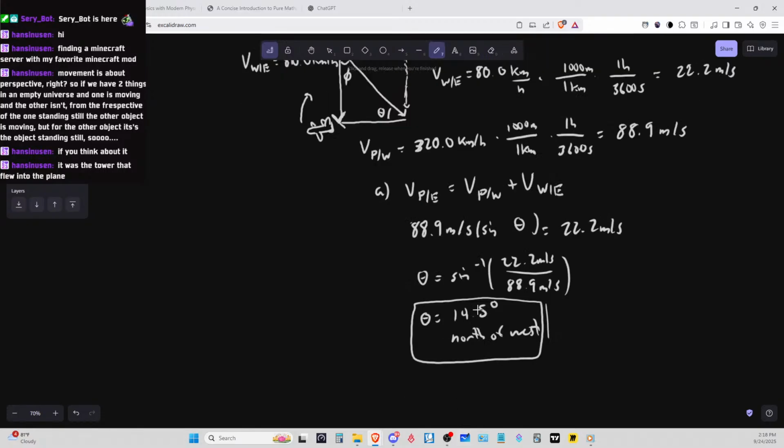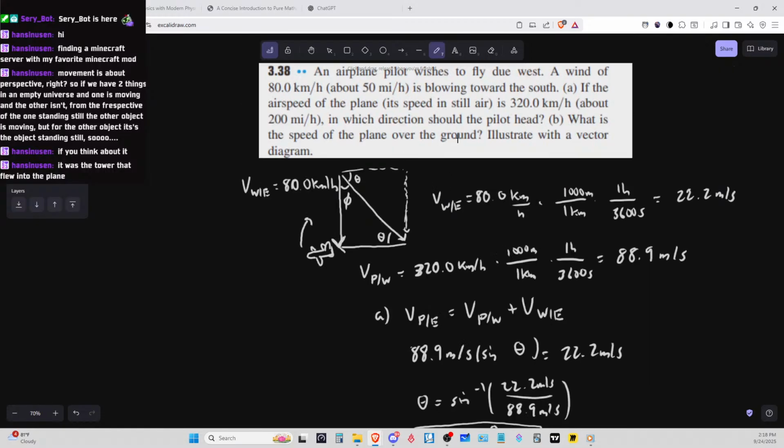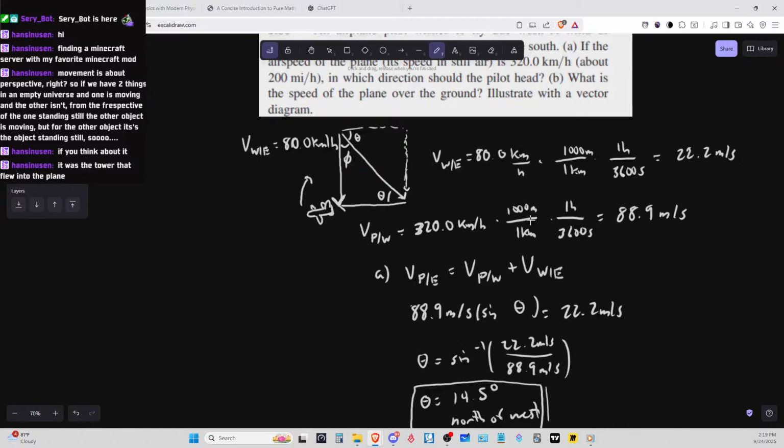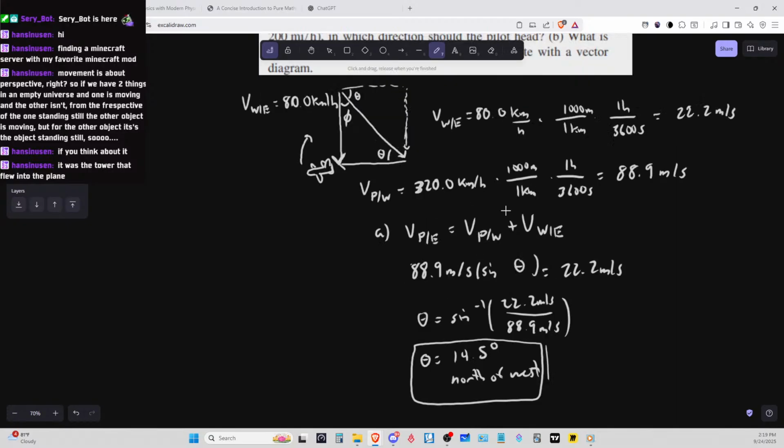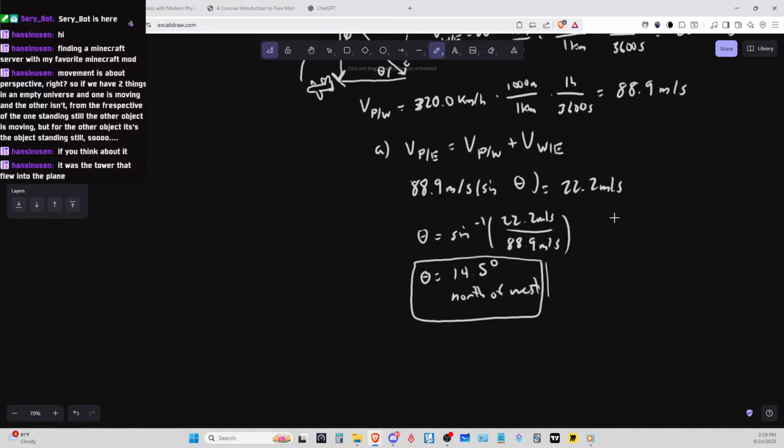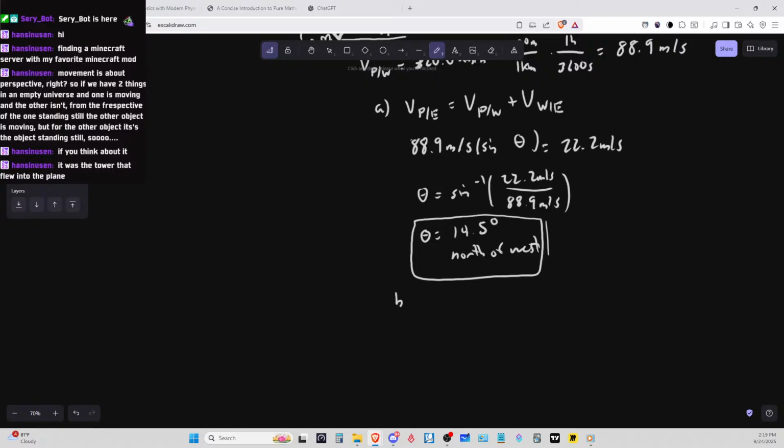Now, when we actually have the angle, now we can actually get the magnitude of the plane's speed. So now we can actually use this equation. So let's just write what we have.